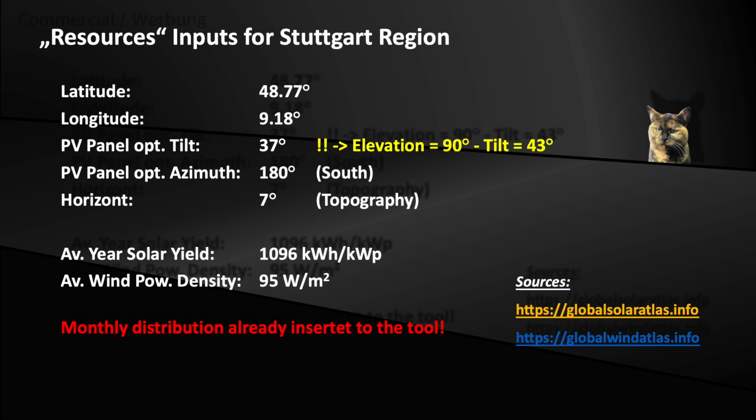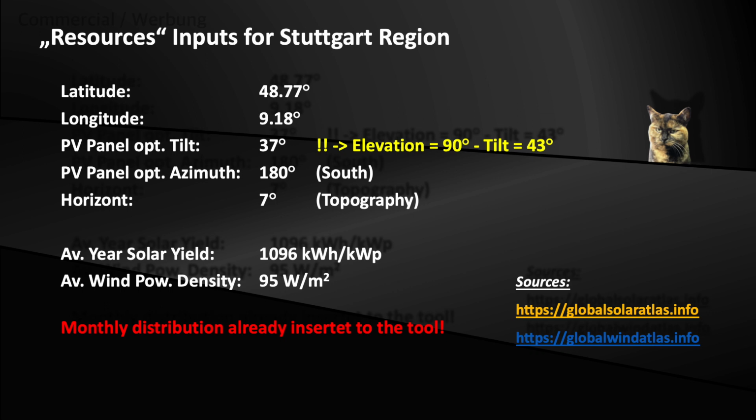The optimum azimuth angle for solar panels is 180 degrees, which is exactly the south direction. By the way, the optimum azimuth is always south on the northern hemisphere. On the southern hemisphere it is north, corresponding to 0 degrees azimuth.